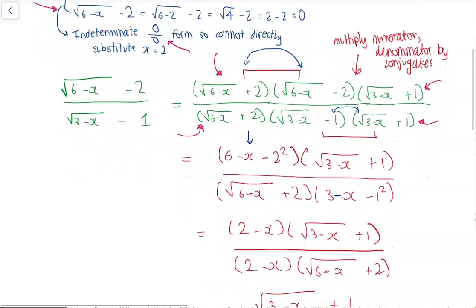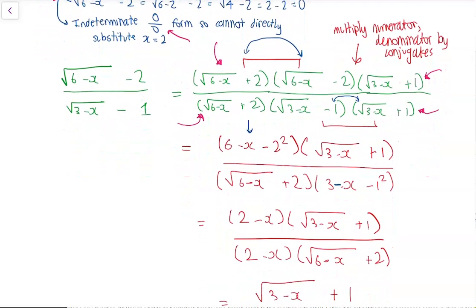So this simplifies to 2 minus x over here, and we also have 2 minus x from here. So 3 minus x minus 1 squared is also 2 minus x. And now we have these two expressions. Before we had minus 1 and a minus 2, but now we have pluses.